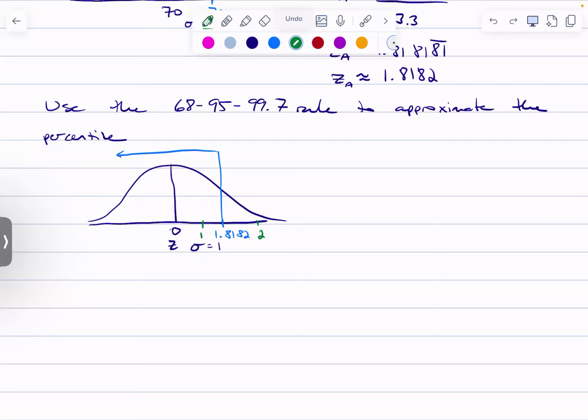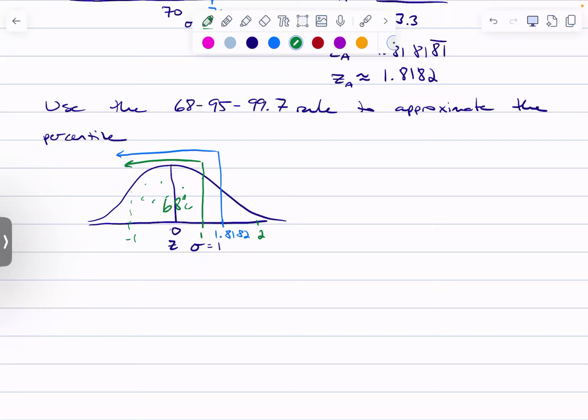We did some work last day to find areas using the 68, 95, 99.7 rule. If you had to figure out what's the area below a standard deviation of 1, well, down to -1, we have a total area of 68%.